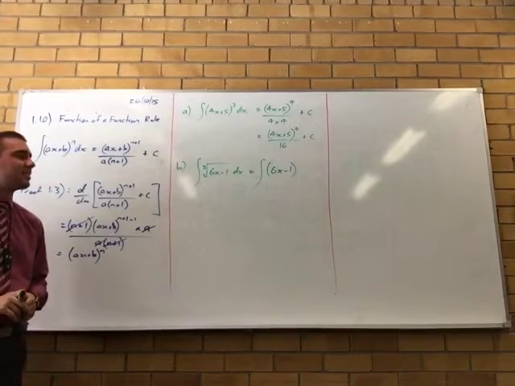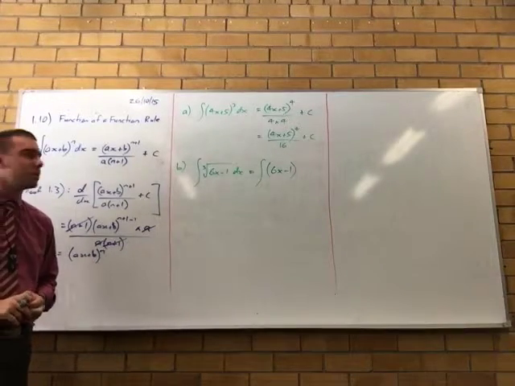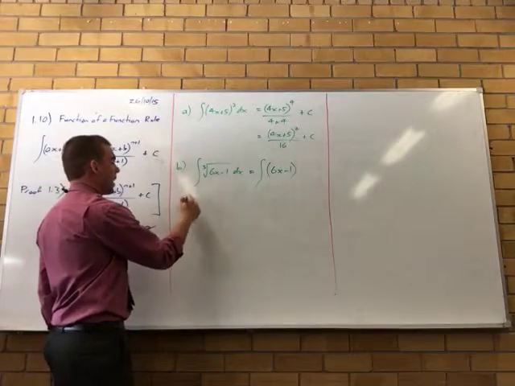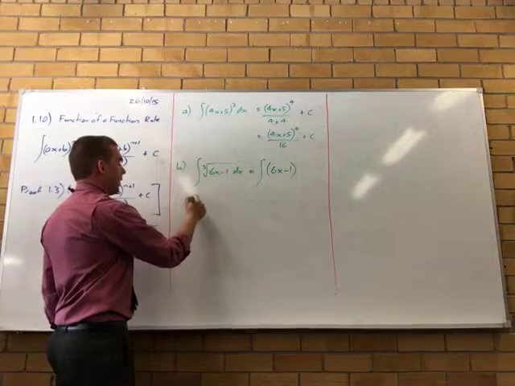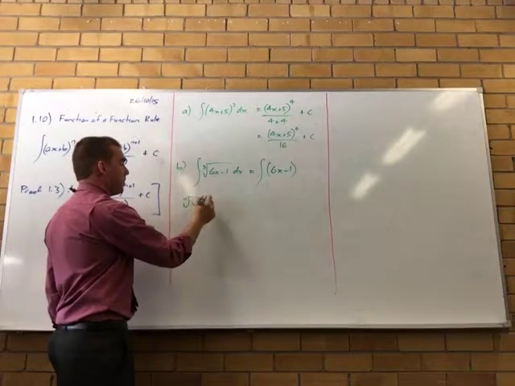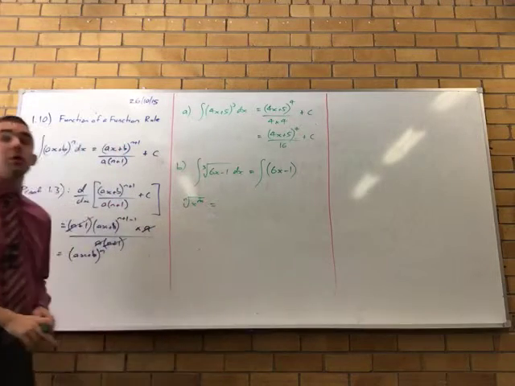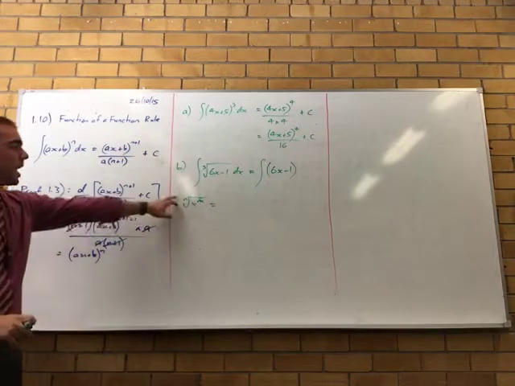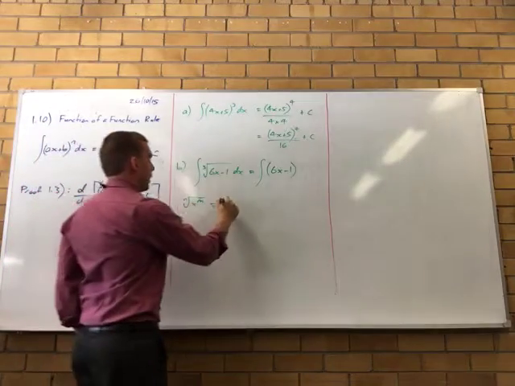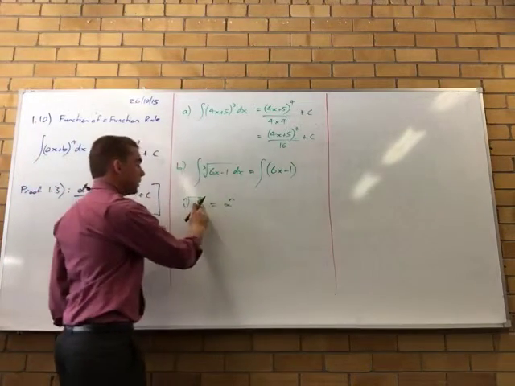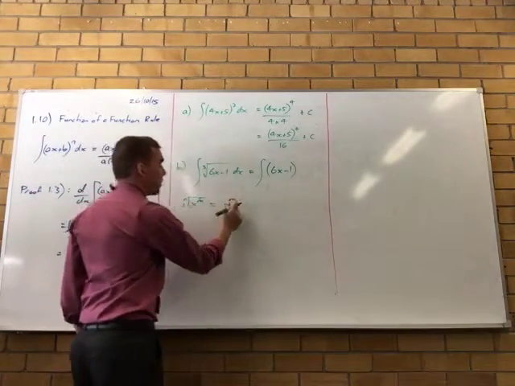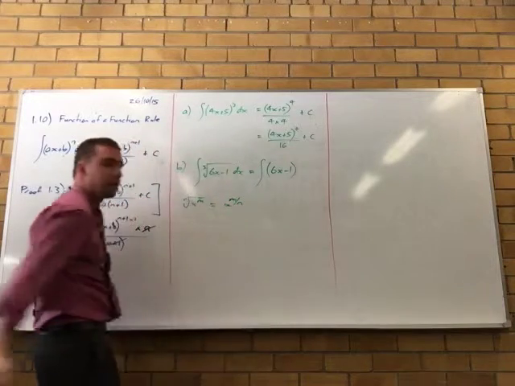Okay, let's get this done. Remember that the nth root of x to the m, using your index laws, is x to the power of m over n: the numerator stays with the base, and the denominator is the root power.